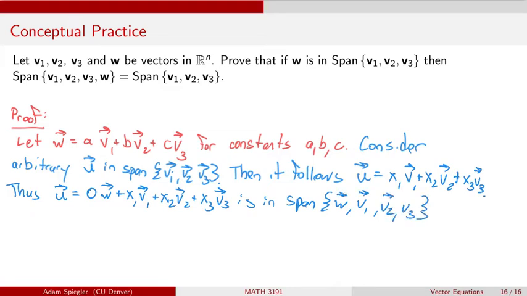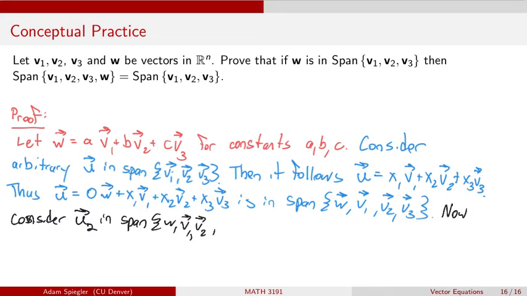And let me put my arrows above each of those vectors. So then let's take an arbitrary vector, and to differentiate it from the previous one, we'll call it u2. Now I want to prove that u2 is in the span of the vectors w, v1, v2, and v3.